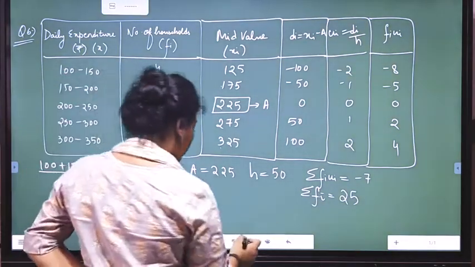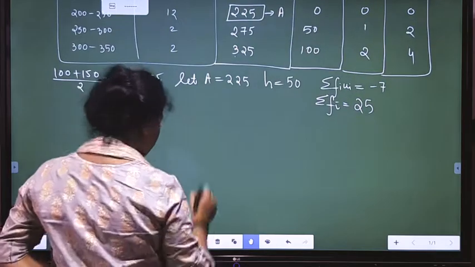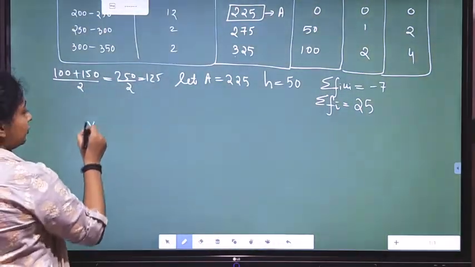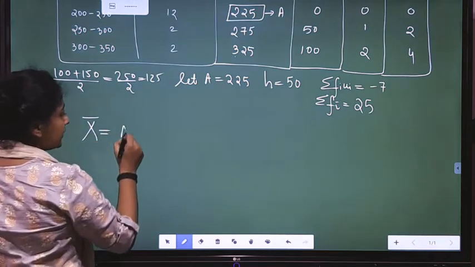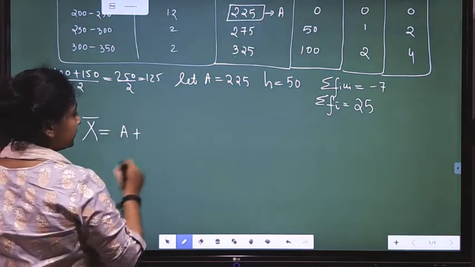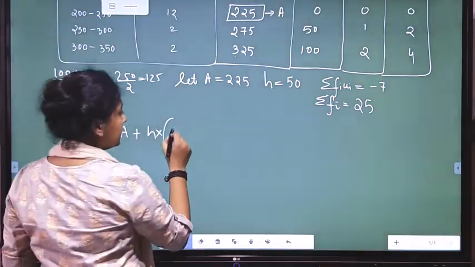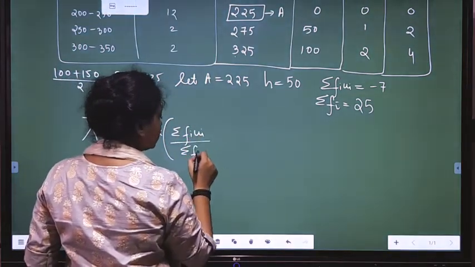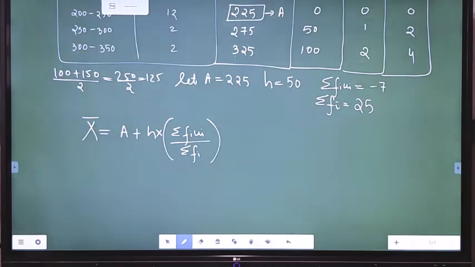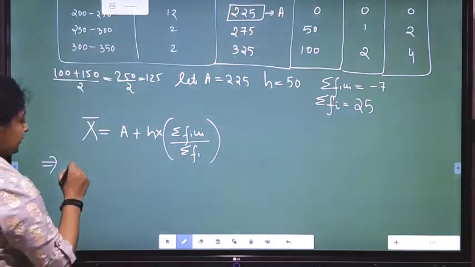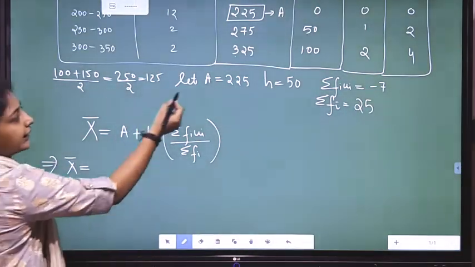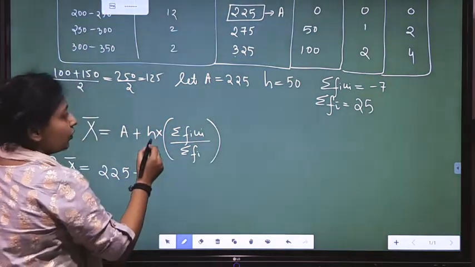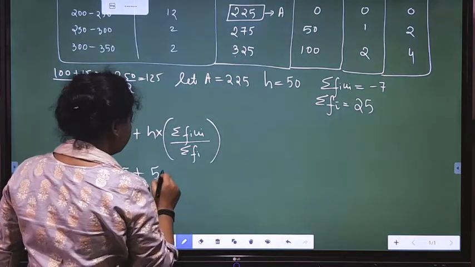So, these are our values. We know in the step deviation method, the formula to find the mean is assumed mean plus h into summation fi ui upon summation fi. Therefore, x bar will be equal to a. What is the value of a here? 225. What is h here? 50.